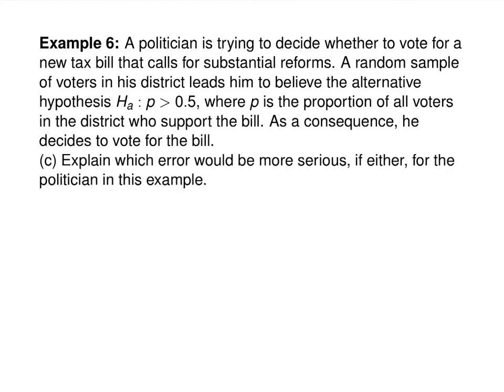And explain which error would be more serious. So would it be more serious to help pass something that's unpopular or to not pass something that's popular? It probably depends a bit on the situation, but at least your textbook says that this type 1 error is more serious. Voting for an unpopular bill can make people angry.